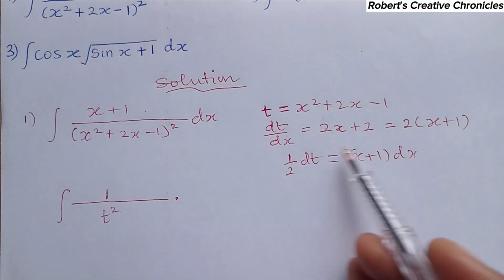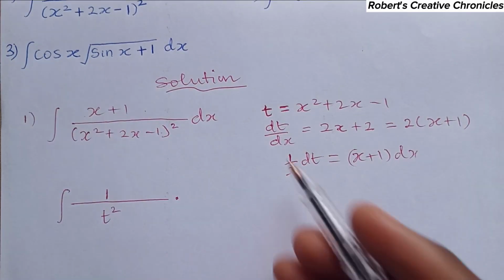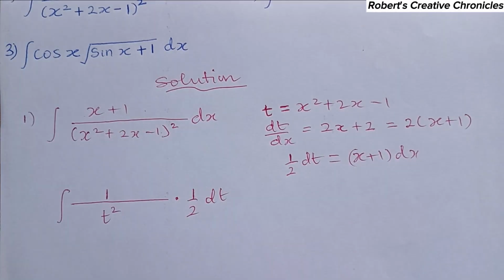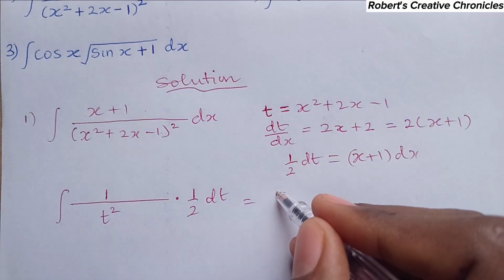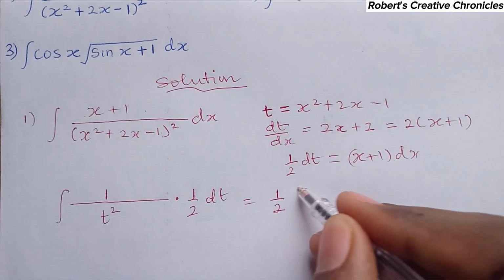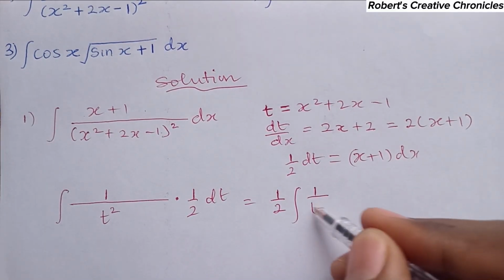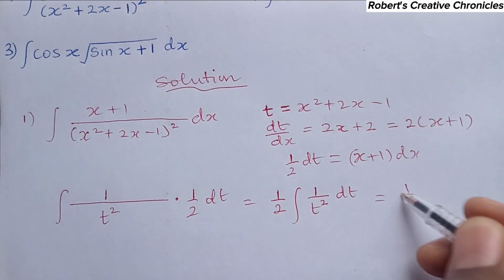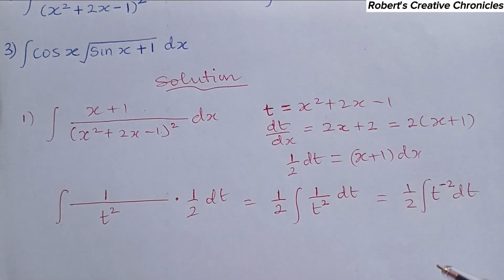The substitute of this is half dt, so it has replaced this. Now we factor out, or bring out, the half. So it becomes 1 over t squared dt. This becomes half the integral of t to the power of minus 2 dt.